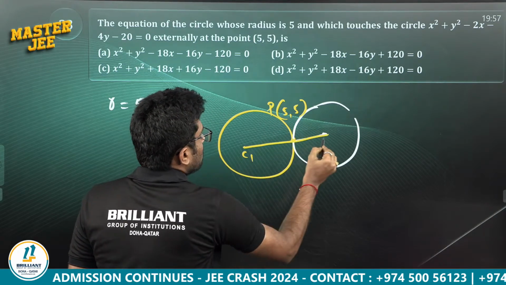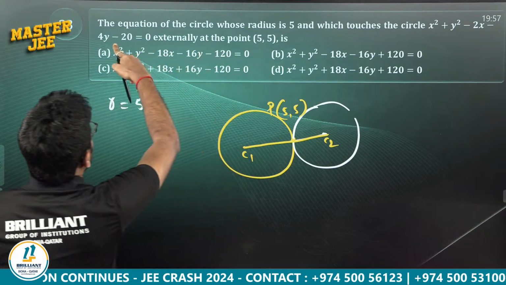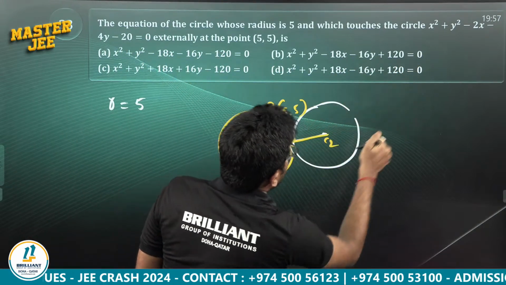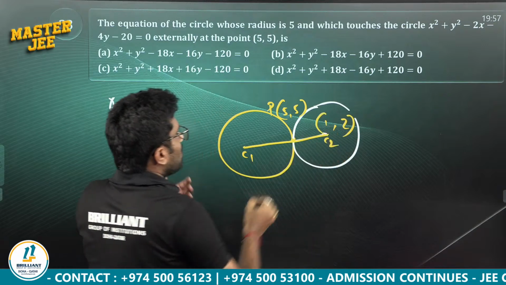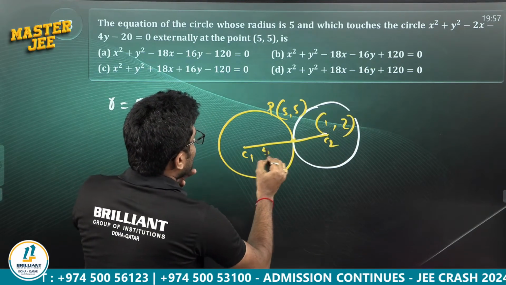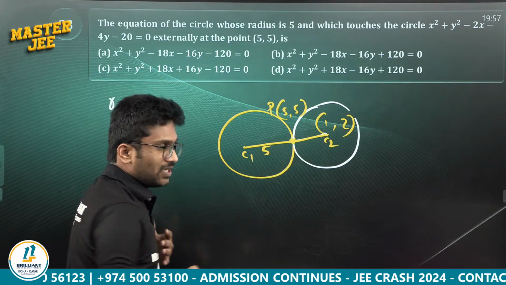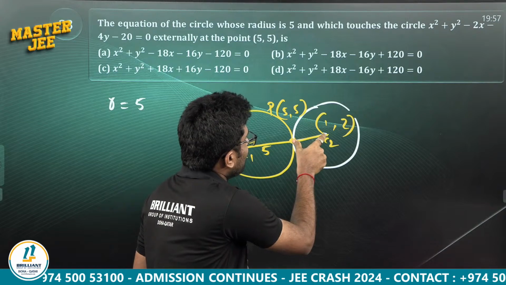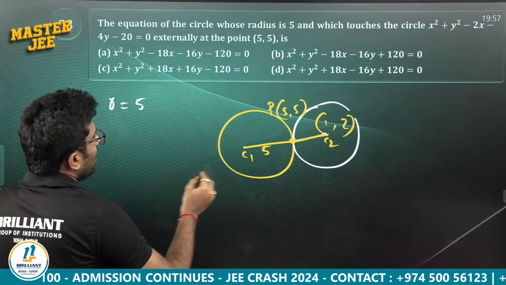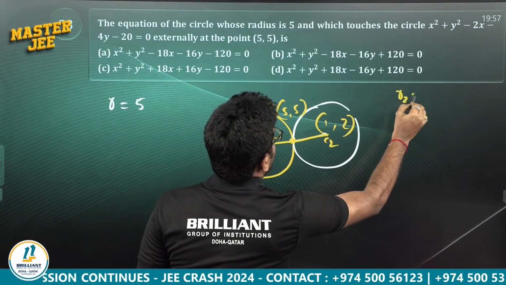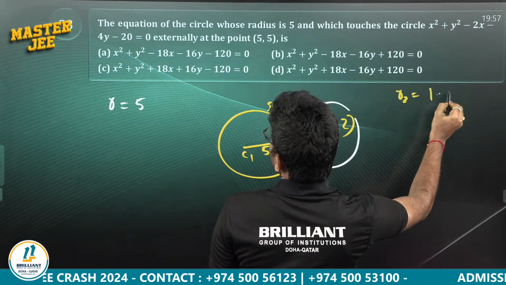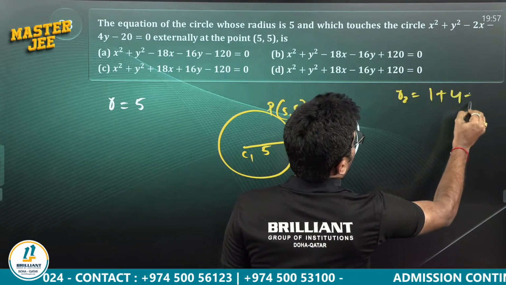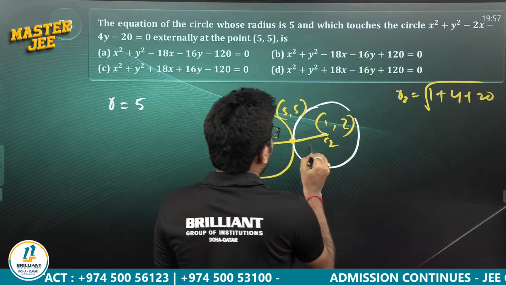C2 is the center of this particular circle, (1, 2). Now the radius of this circle is 5. We have this point. What is the radius of the second circle? The radius of the second circle R2 is the square root of 1 plus 4 plus 20, which is nothing but 5 again.